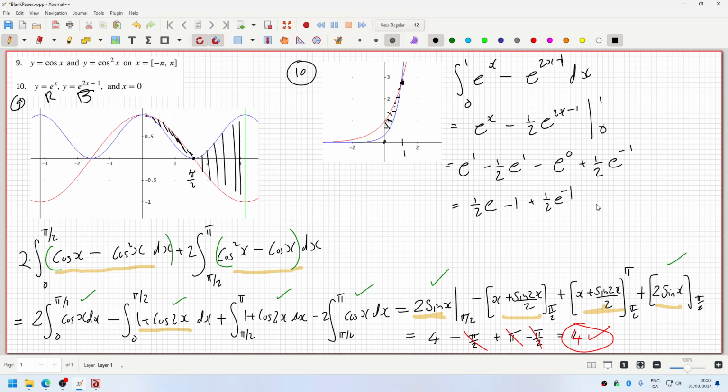Okay. That's about 0.543. Let's see if that's correct. Yeah, that looks correct.